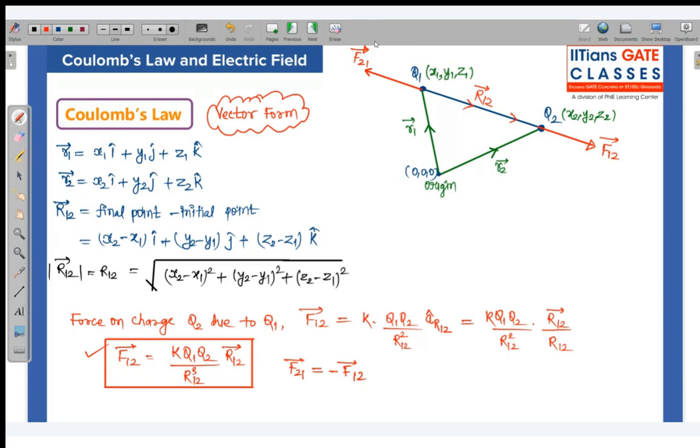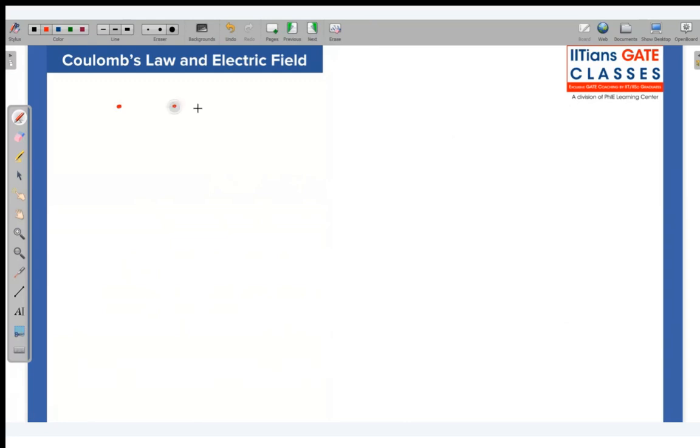So this is about Coulomb's law and its vector form. Coulomb's law also follows the superposition law. The superposition theorem says that if there are n number of charges, like 1, 2, 3, up to n, and this is Q1, Q2, Q3, Qn, and you want to calculate the force exerted on P, then it is the force due to 1, due to 2, due to 3, and so on up to n.